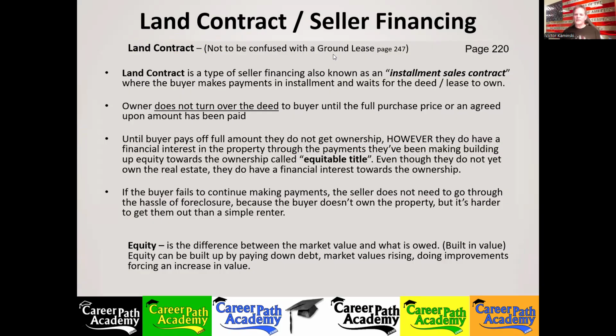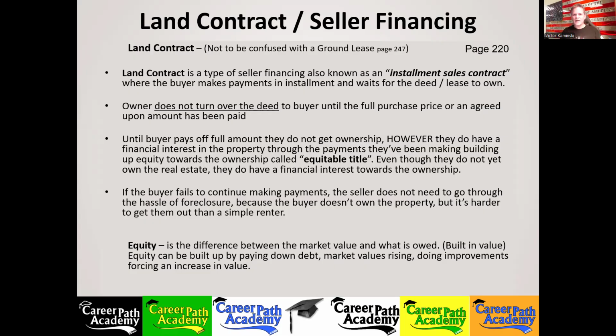A ground lease is when somebody leases the ground. It's a long-term lease of a property where they erect a building on it. So those are long-term leases as well, but that's a ground lease. It should not be confused. Don't confuse that with a land contract.